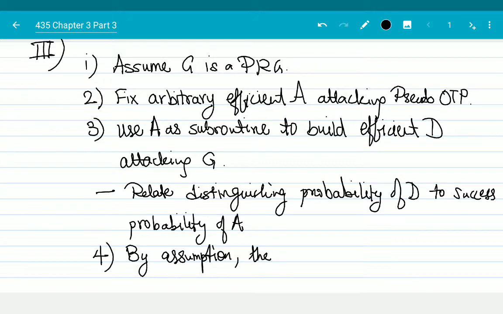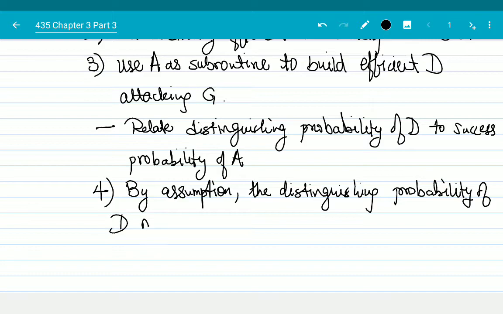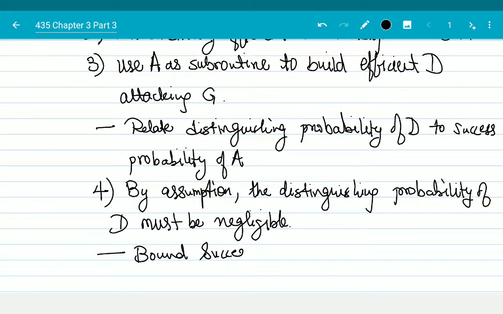By assumption the distinguishing probability of D must be negligible, because we have assumed G to be a pseudorandom generator, which allows me to bound the success probability of A. If you get it properly, you can bound the success probability of A and show that A cannot succeed at more than a certain probability.